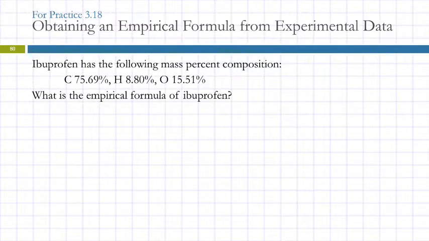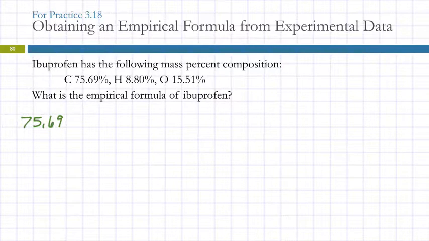Here's one with a mass percent composition. Determine the empirical formula. Same process. Instead of using the percent, 75.69% carbon, let's say that we have 100 grams just to make things easy.